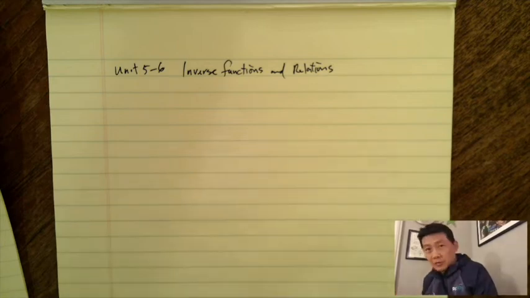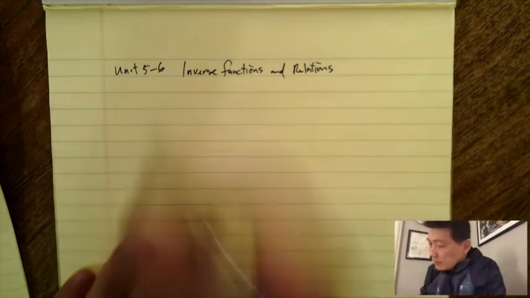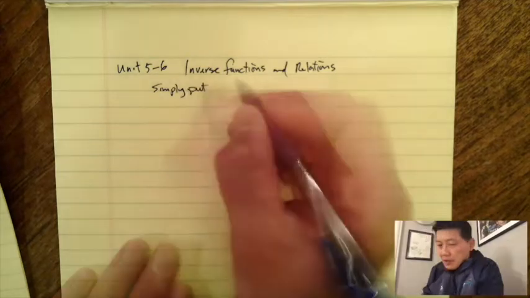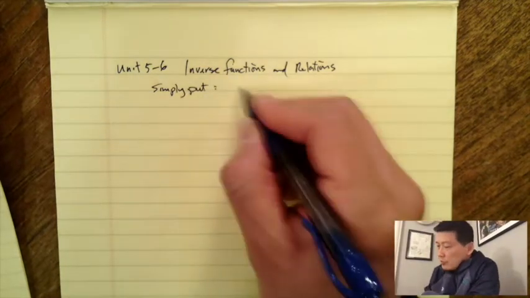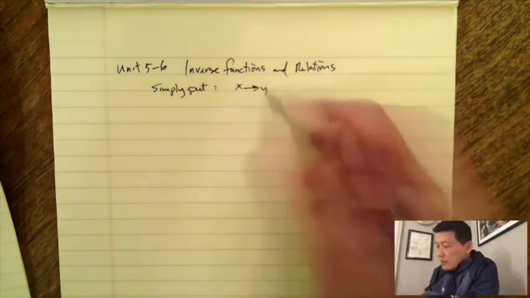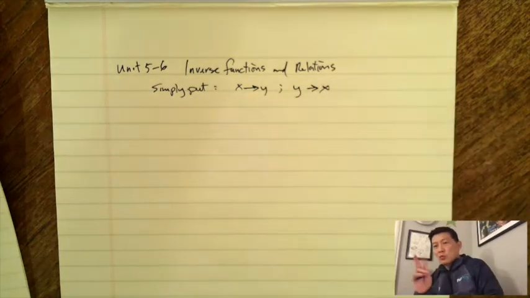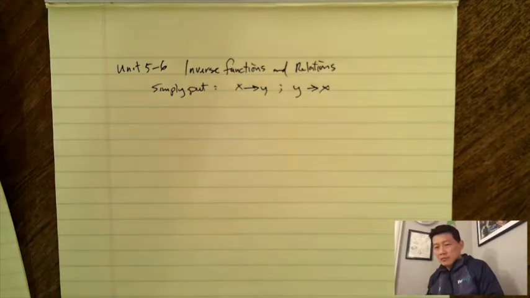So that's the reason why we use those two terms and mix them together depending on the situation. But what that means, simply put, is that you take x and you replace it with y, and you take y and you replace it with x, and you reverse them.